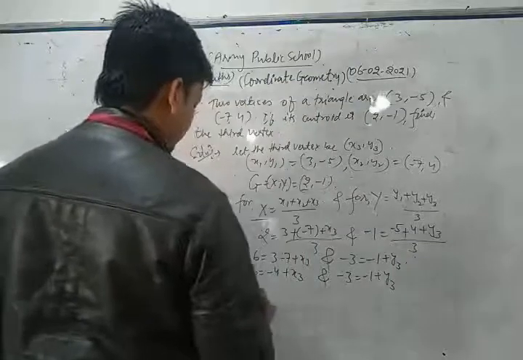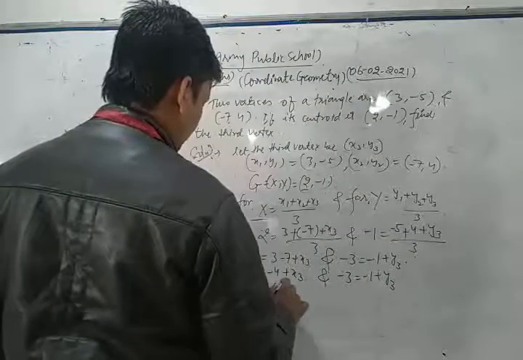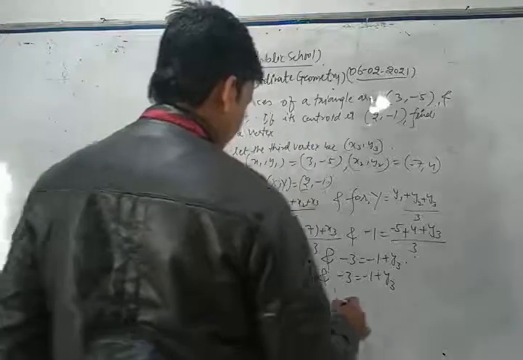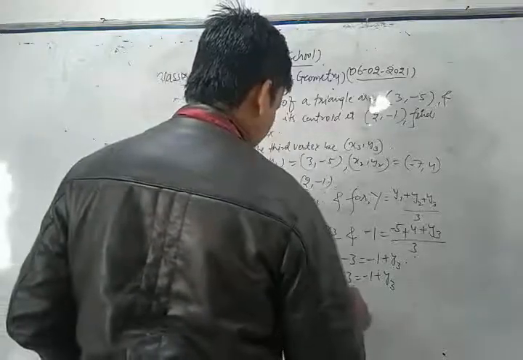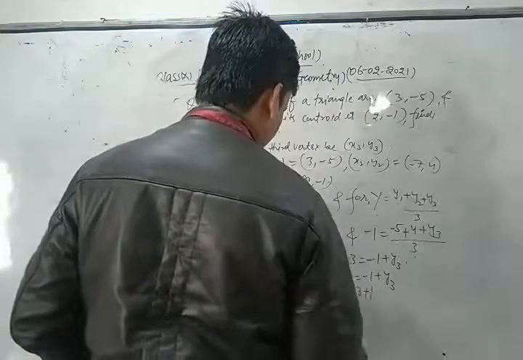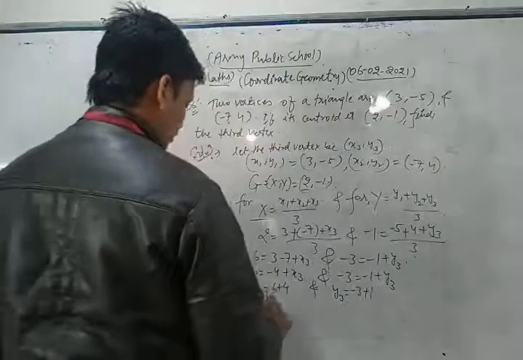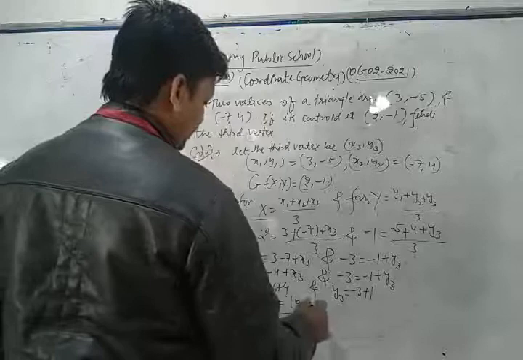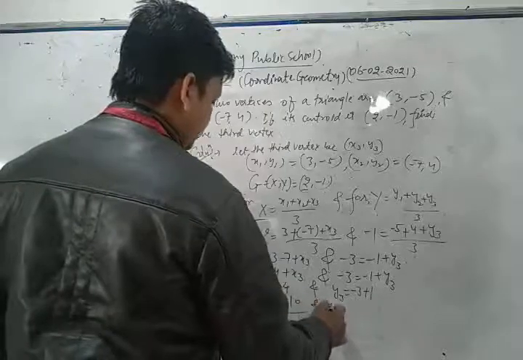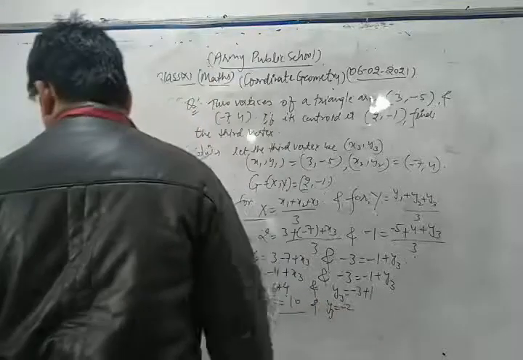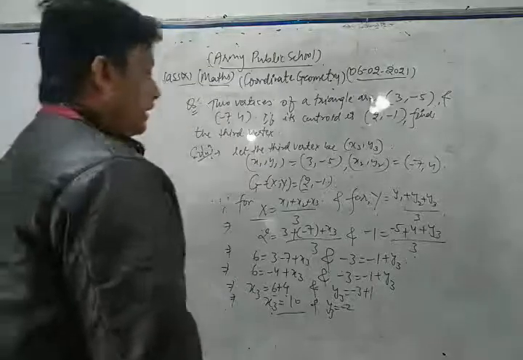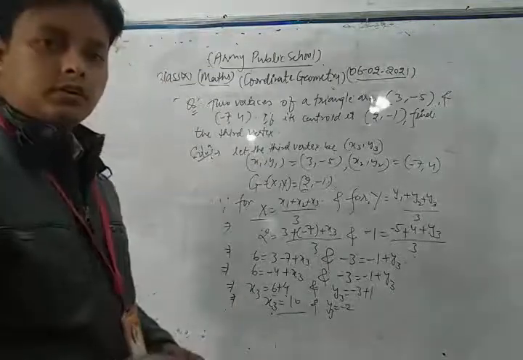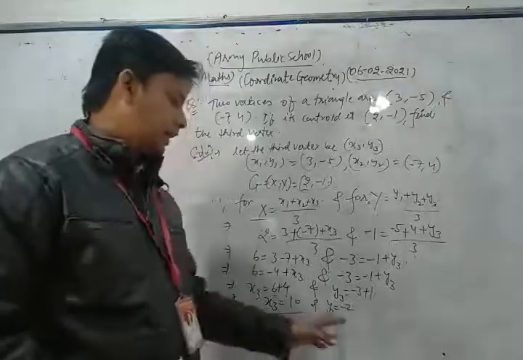So we get x3 is equal to 6 plus 4, and y3 is equal to minus 3 plus 1. So here the value of x3 is 10, and the value of y3 is minus 2. In this way, dear friends, we find the values of x3 and y3.